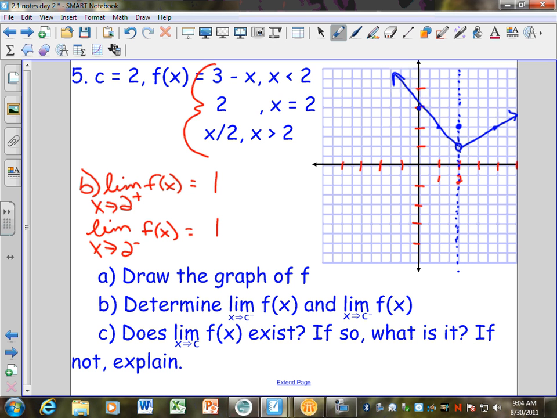Now part C says, does the limit as x approaches c, which in this case is 2, exist? If so, what is it? If not, explain.